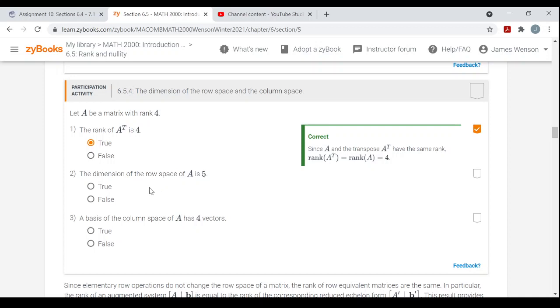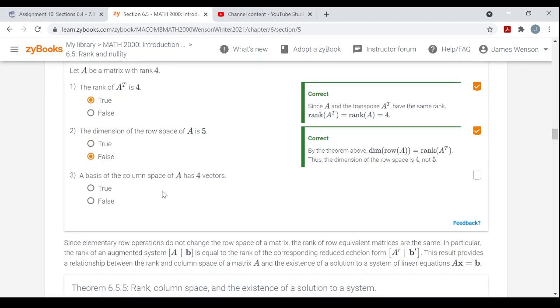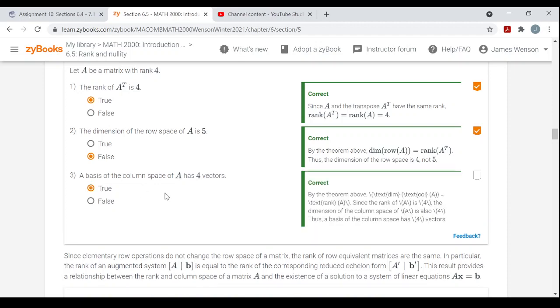They'll be the same number. So this would be false. And remember, the dimension of a space tells you how many vectors will be in a basis for that space. So a basis for the column space of the matrix would have 4 vectors, yes. If the rank is 4, that means the dimension of the column space would be 4, and a basis for the column space would have 4 vectors in it.